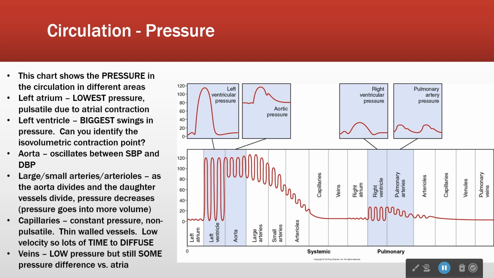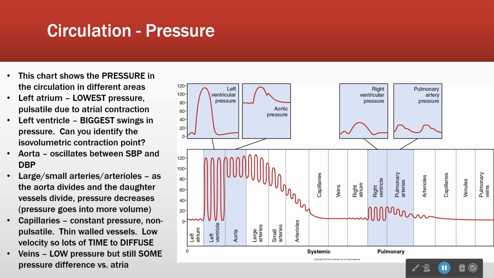Translation, the right side of the heart has much less work to do than the left side of the heart does. The pressures are lower, the distances are shorter, and the resistance is lower. It's one of the reasons why the right ventricle is thinner. Like if you look at the walls of the right ventricle, they're quite a bit thinner.